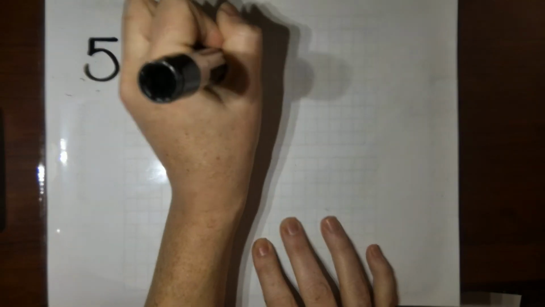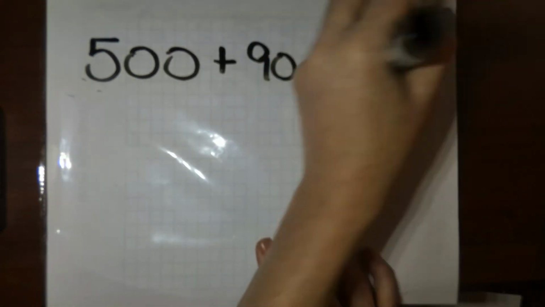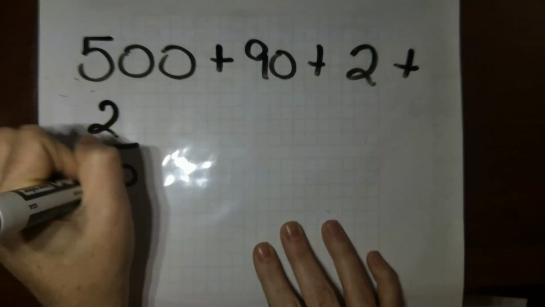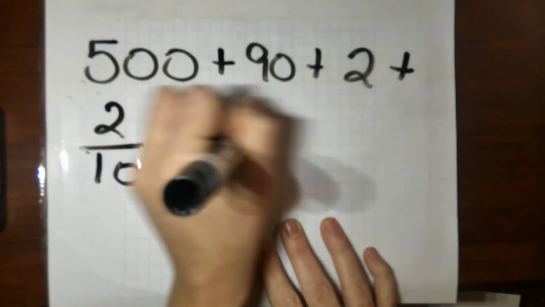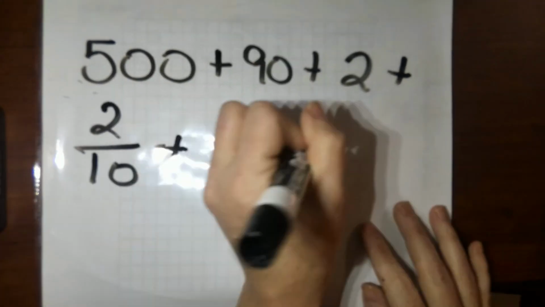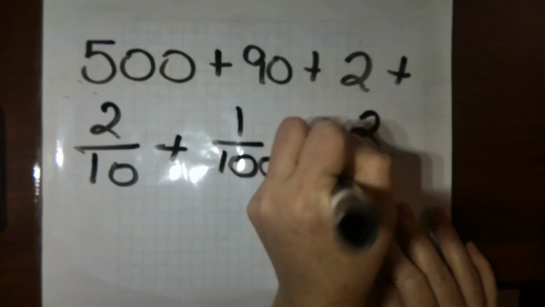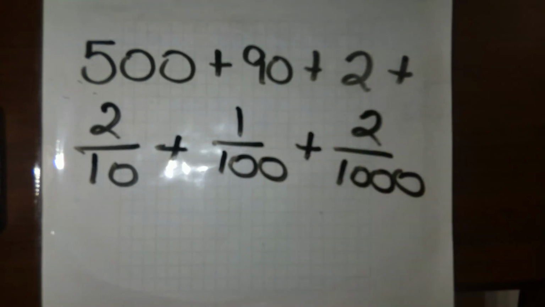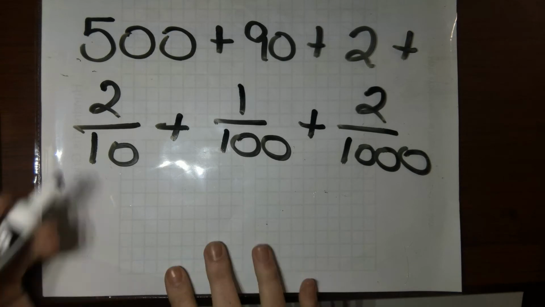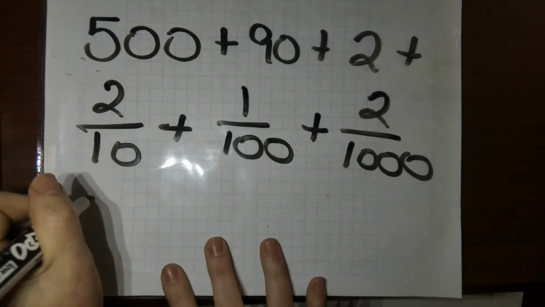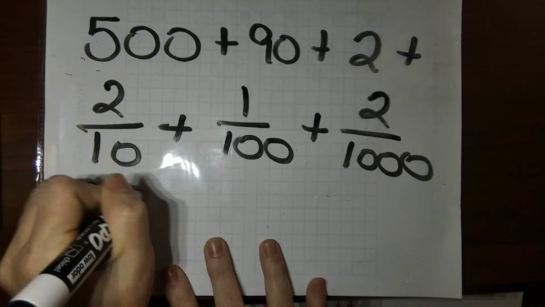500 plus 90 plus 2 plus 2 tenths plus 1 hundredth plus 2 thousandths. My goodness. Okay, so this is a big one. For this one, instead of 2 tenths as a fraction, you would see it this way.